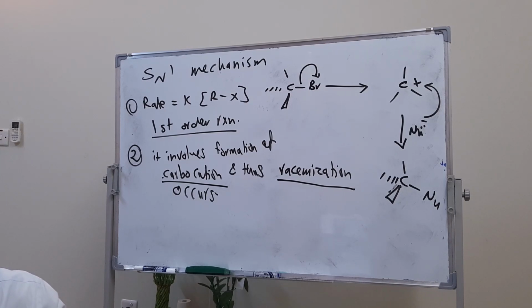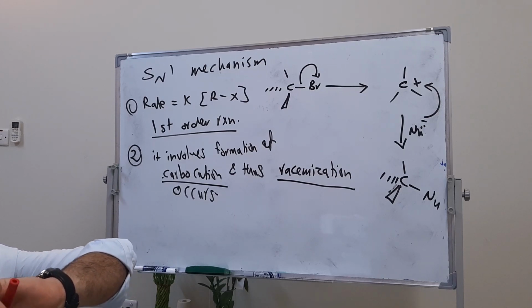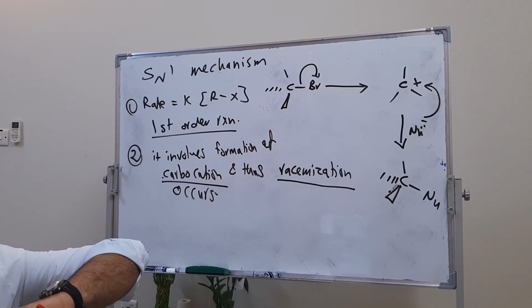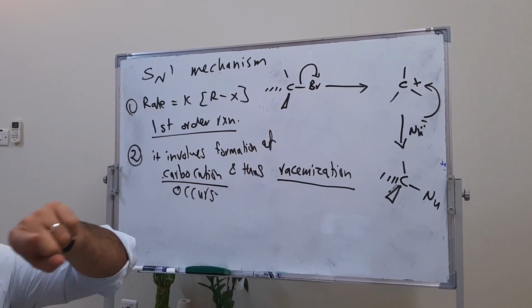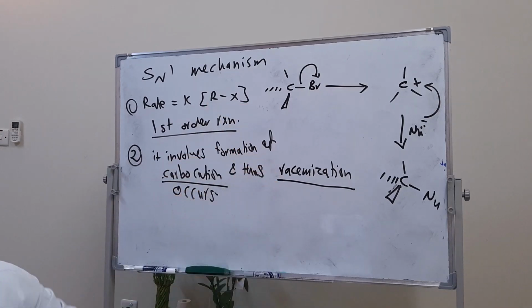You follow me? But in the SN1 reaction mechanism, the nucleophile's role is postponed, it will be later. The first thing, suppose the halide is the red one here, this bond will be breaking up, meaning the halogen will take the bonding electrons and go away. What's remaining is carbon having a positive charge.